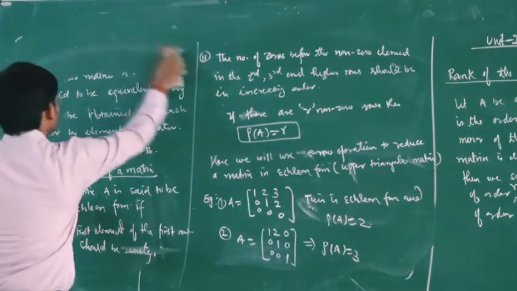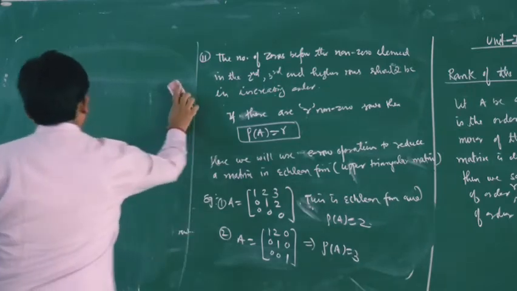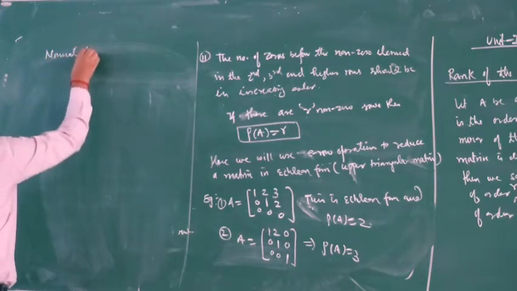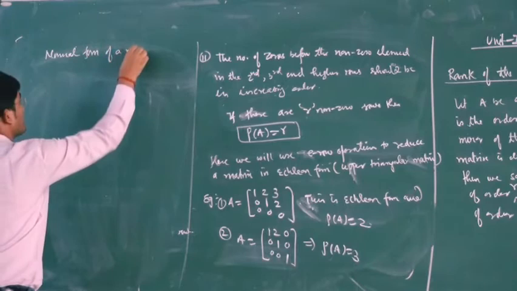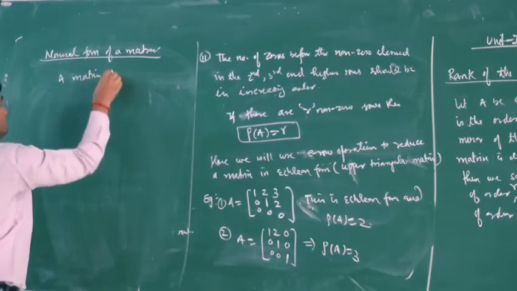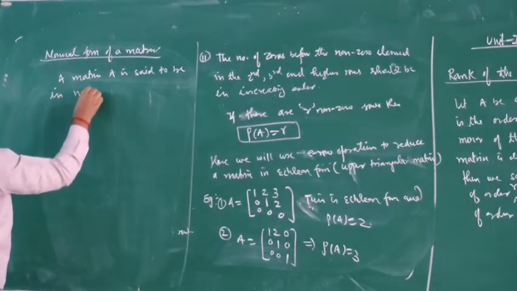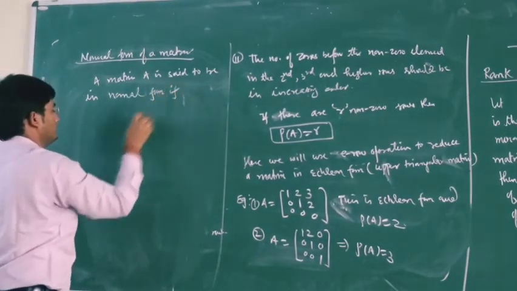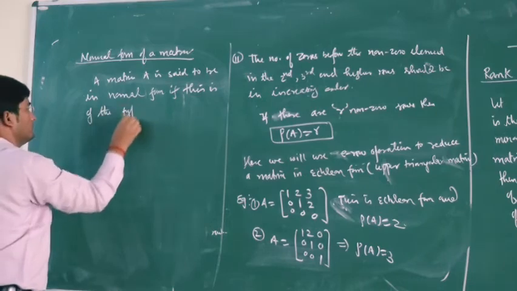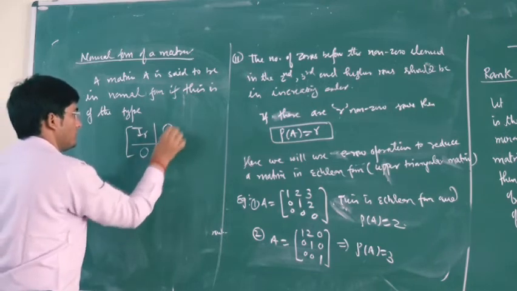Then normal form of a matrix. A matrix A is said to be in normal form if it is of the type I_R, then we have a zero matrix, zero matrix and zero matrix.